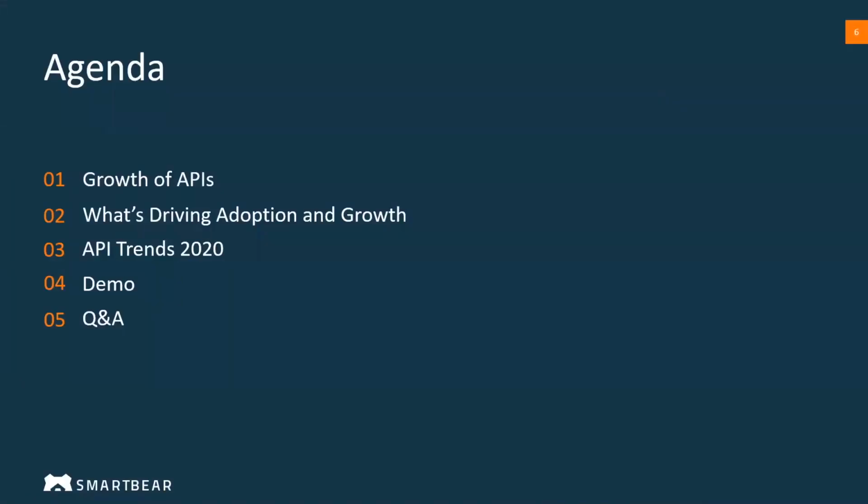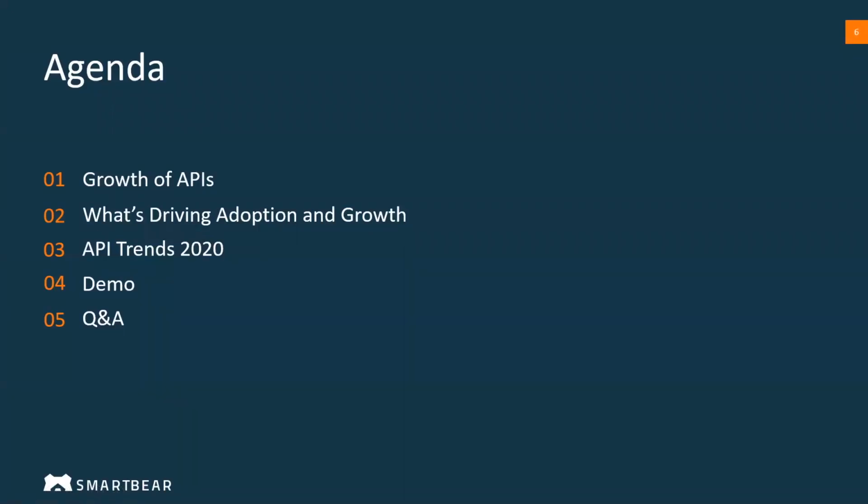So we'll get down to brass tacks. The agenda for today: first of all, we are going to take a look at the growth of APIs in general, so the growth of the API market. Then we're going to take a look at some of the drivers of that growth and the wide adoption of APIs.